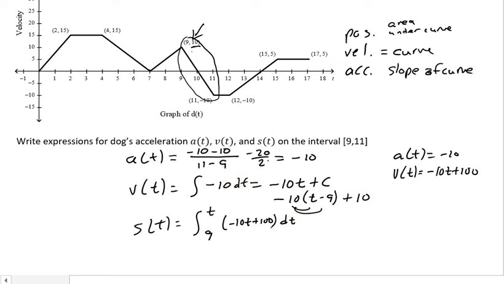Now, I should have put that in here as well, I guess, but okay.